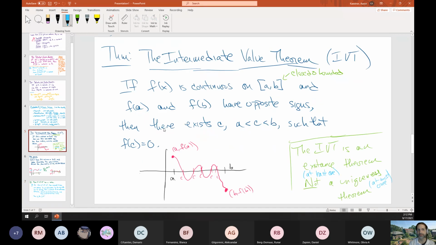Right, so then we get by the intermediate value theorem, there exists some value c such that f of c is equal to 0. So some value c between a and b.